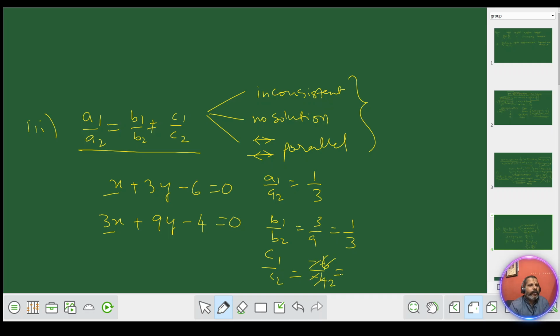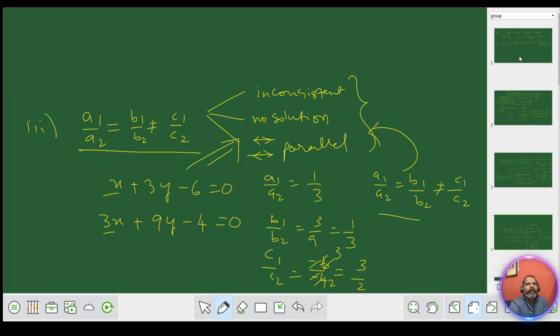The minuses cancel, 2 twos are 2, 3 twos are 3 by 2. So here A1 by A2 is equal to B1 by B2, but not equal to C1 by C2. That means these given equations fall under the case of inconsistent solutions, parallel lines, no solution.